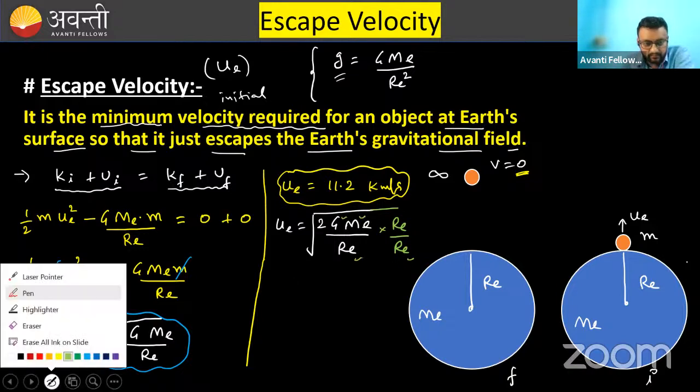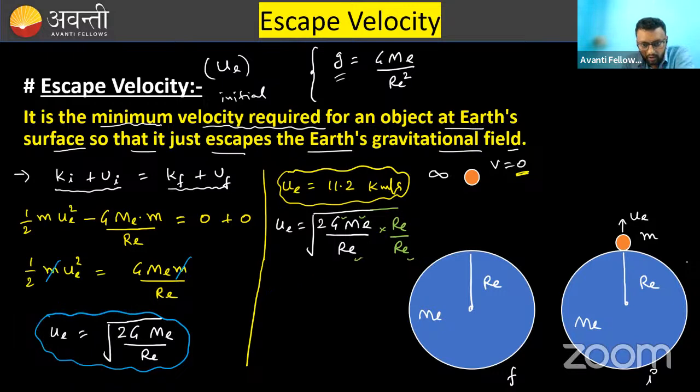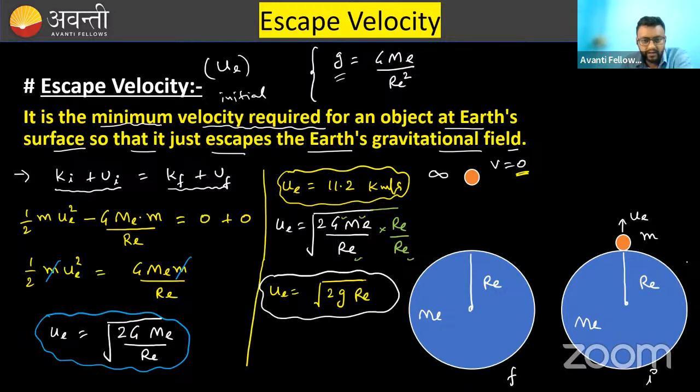So we can write here ue will be under root 2, this term is small g, and this is the radius of the Earth. This is another form of escape velocity. You can remember either of the formulas and it will work for you. I think the concept of escape velocity is pretty much clear: the minimum initial velocity required so that the body escapes from the gravitational field.